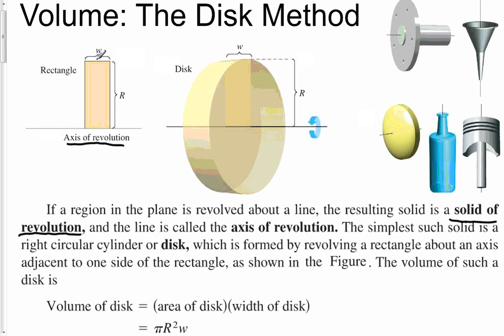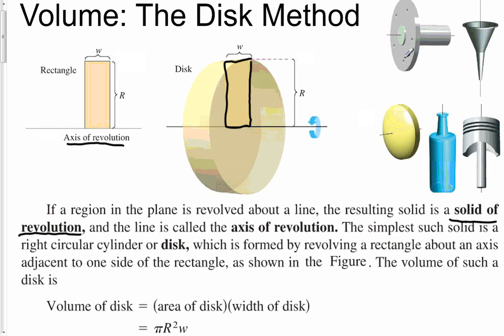And w corresponds to this same w over here, because as you can see, the rectangle is still present inside of the disk here. So there we have the rectangle with w for this distance and r for this distance, which would be the radius.